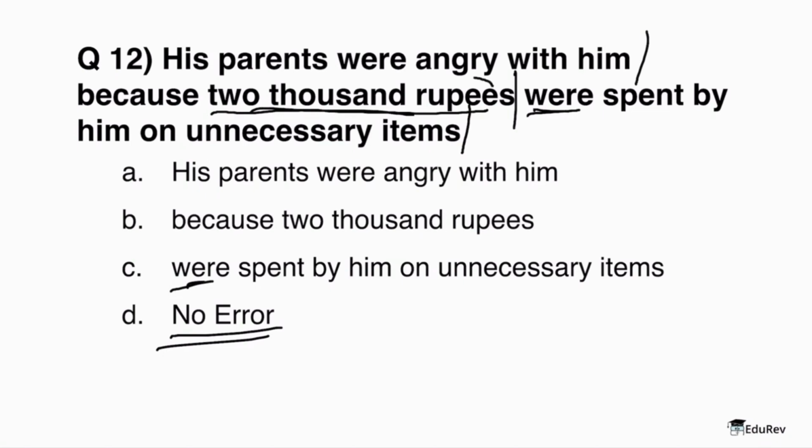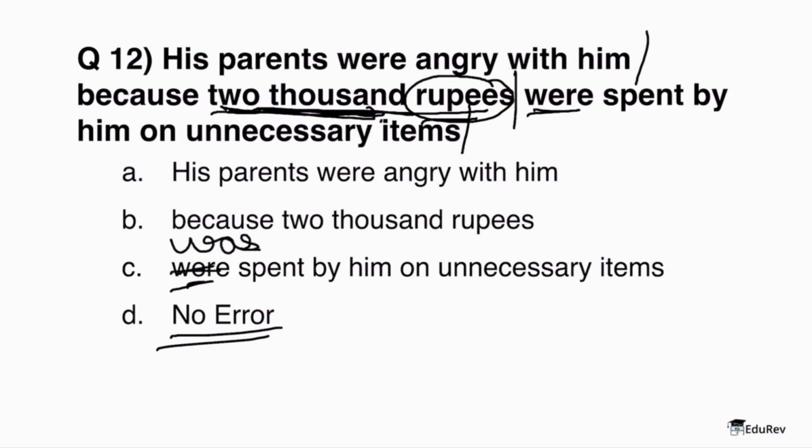The noun here is rupees, and a numeral adjective is attached to it. So we have to put the entire thing in the singular form. So in part C, the verb should be was instead of were.